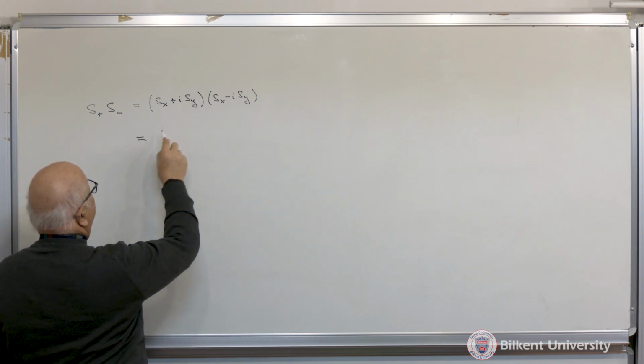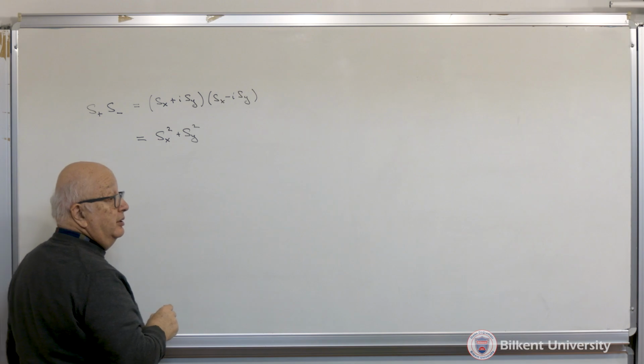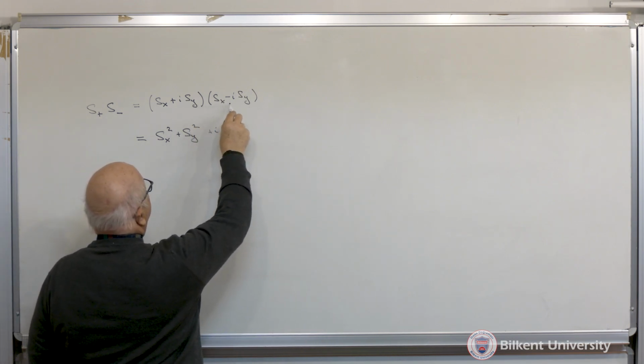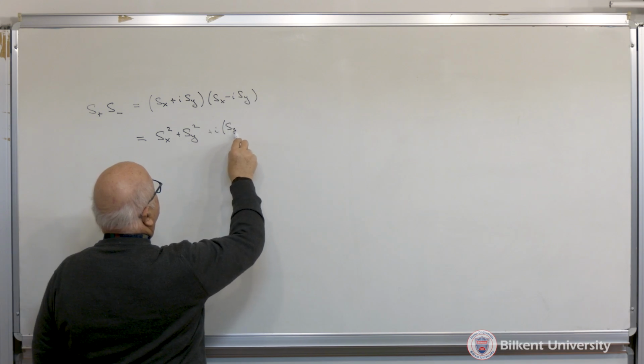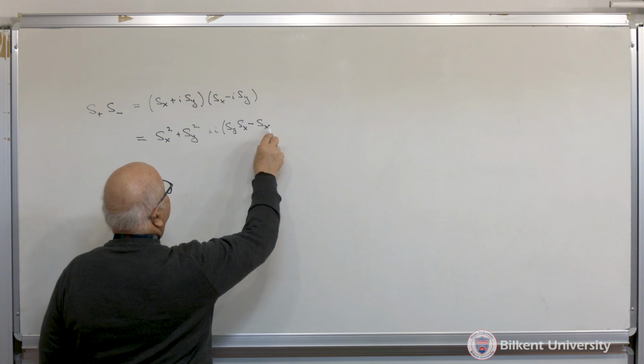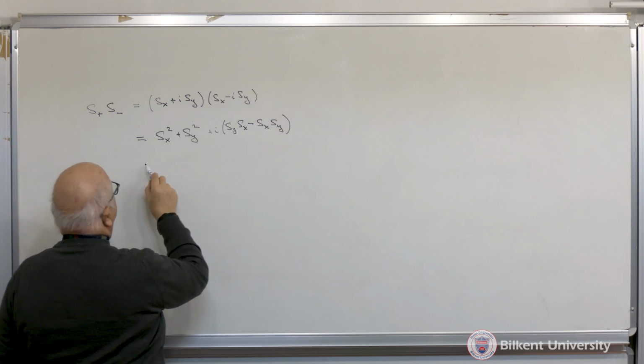So we have S_x squared plus S_y squared plus i S_y S_x minus S_x S_y.